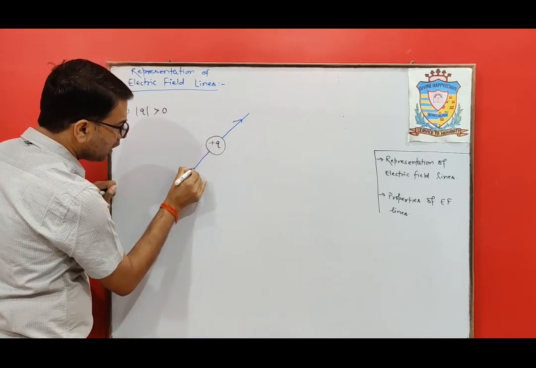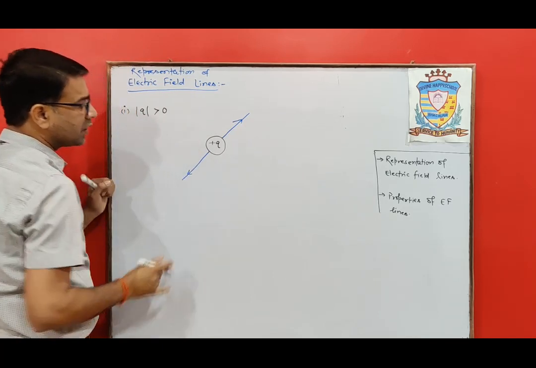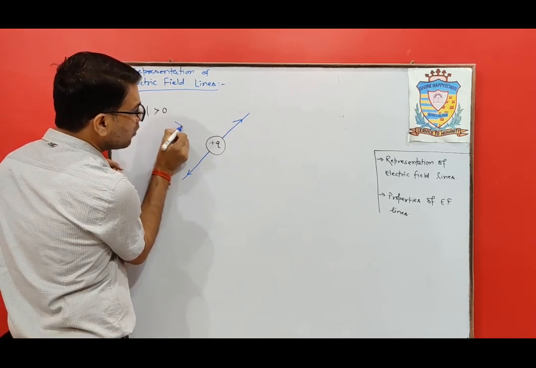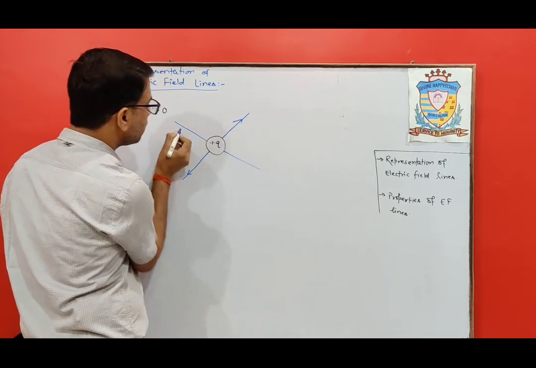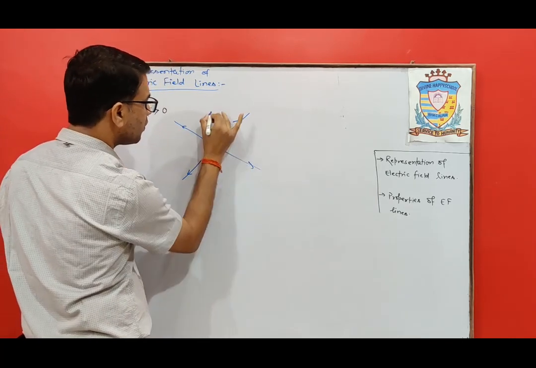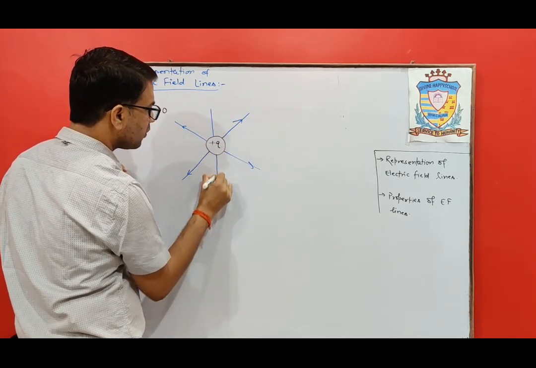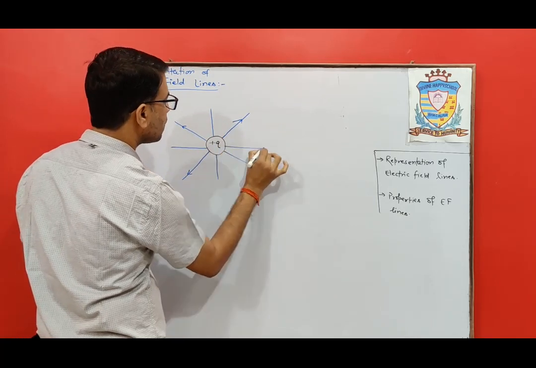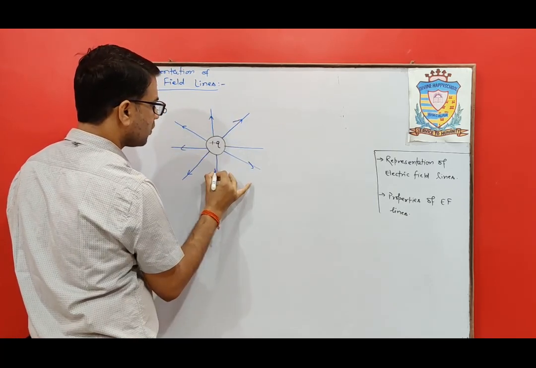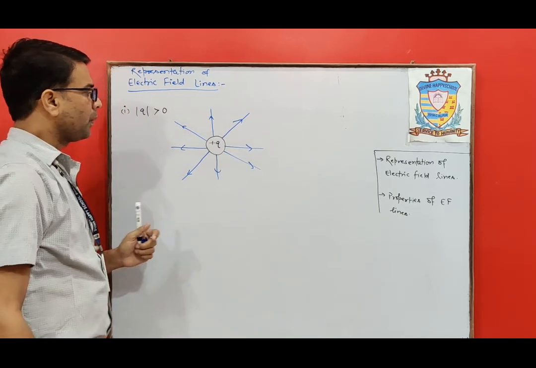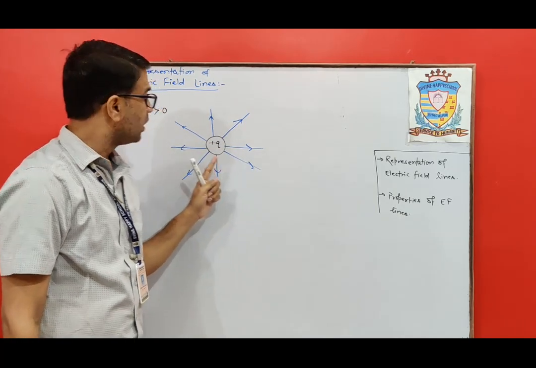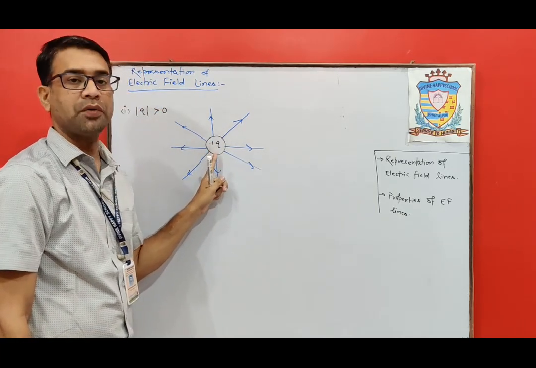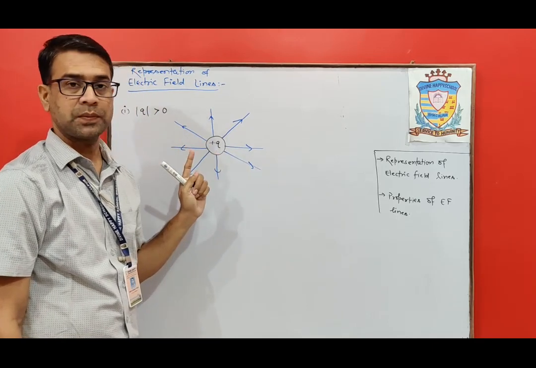Clear? Means electric field lines always originate from positive charge.